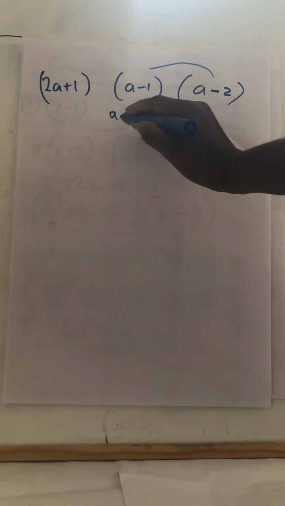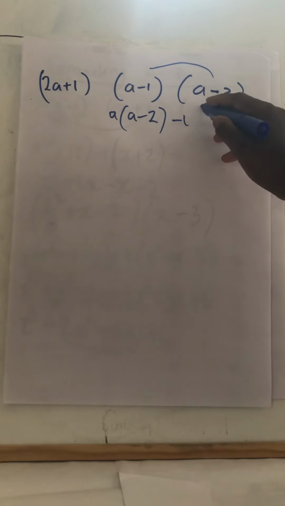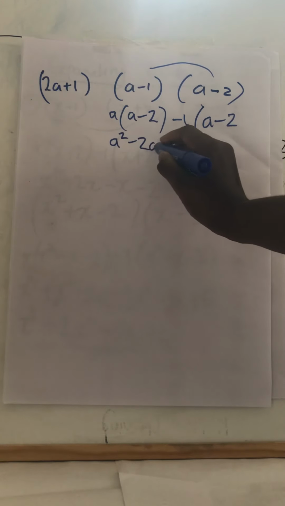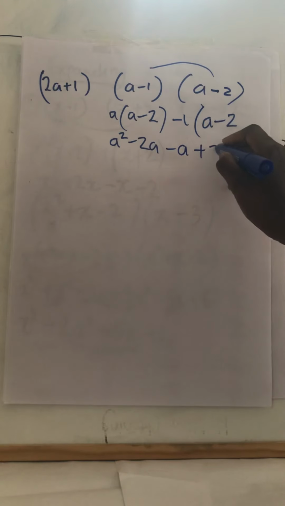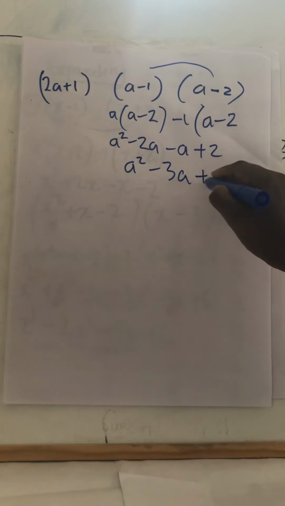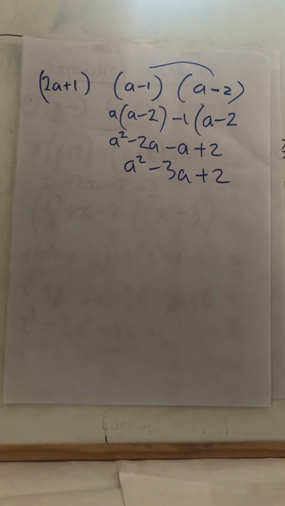So I am going to be choosing this one first, such that I'm going to have a minus 2 minus 1, a minus 2. I'm going to multiply them out. a squared minus 2a minus a plus 2. Then I have a squared minus 3a plus 2, because minus 2a minus a is equal to minus 3a.